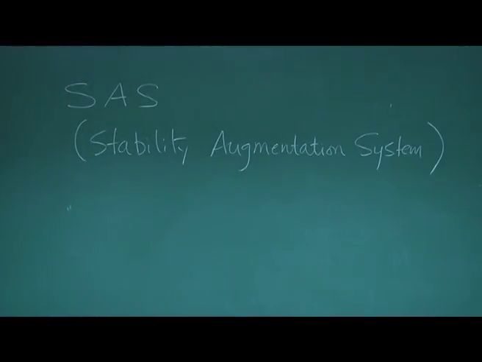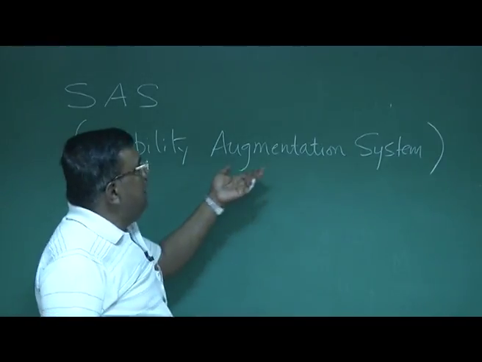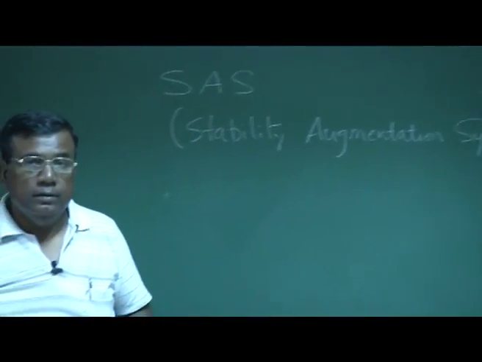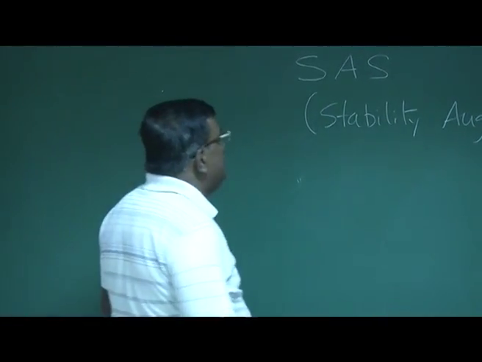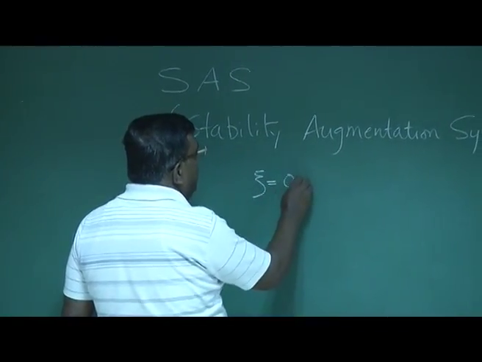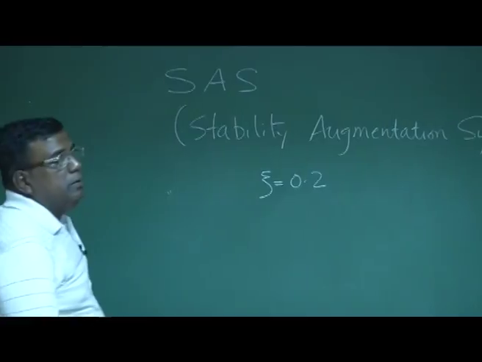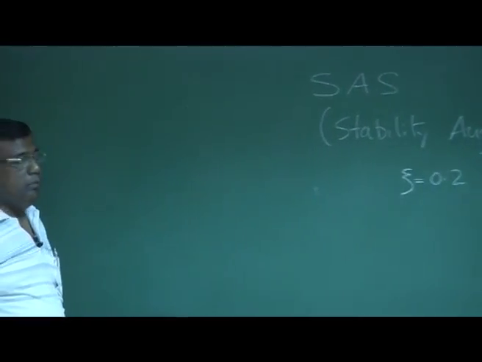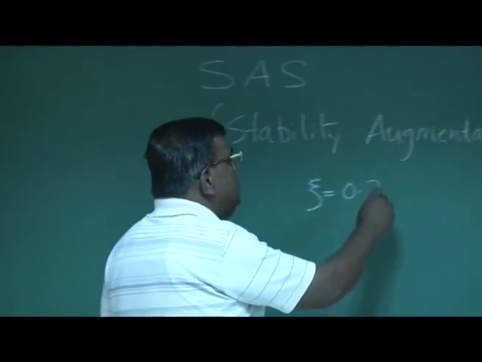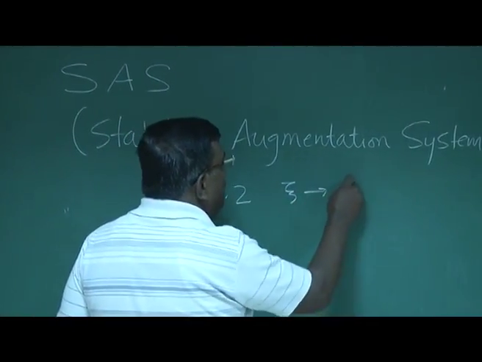This is SAS. What is the meaning of this SAS? That how can I augment the stability of an airplane? That is, suppose an airplane has some zeta. Zeta is let's say 0.2 damping ratio. So it's a longitudinal mode. Now we want to increase zeta to say 0.5.